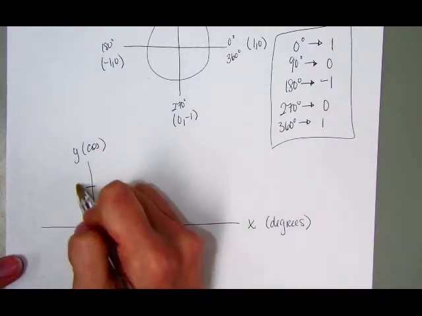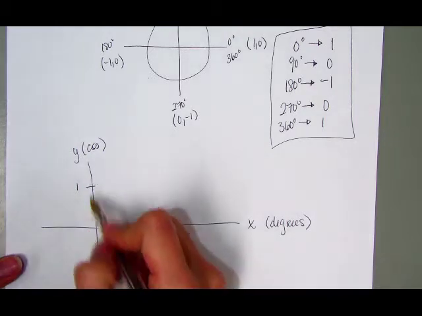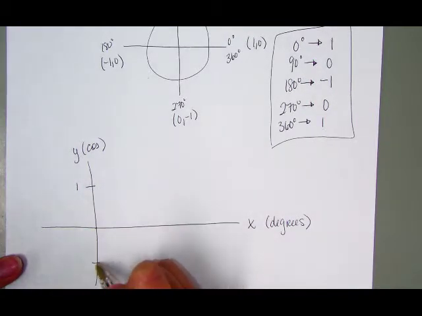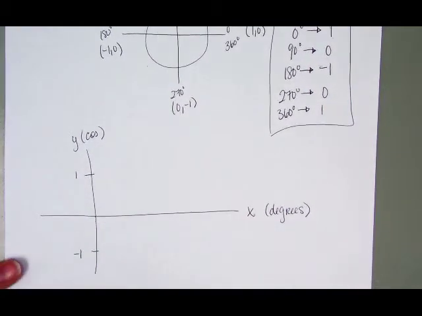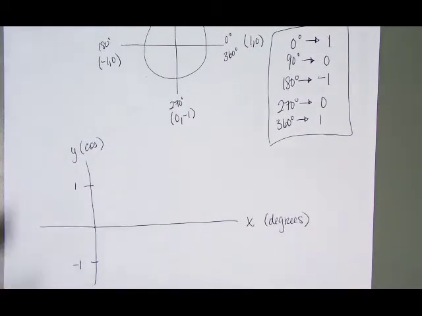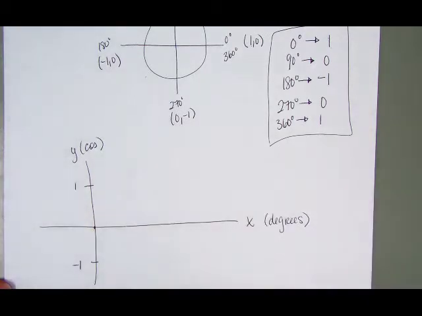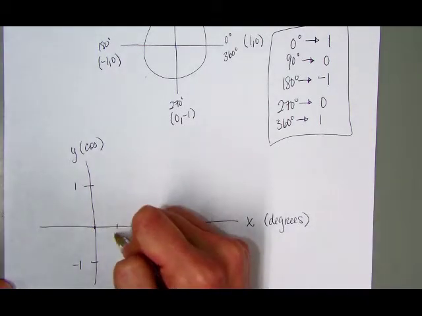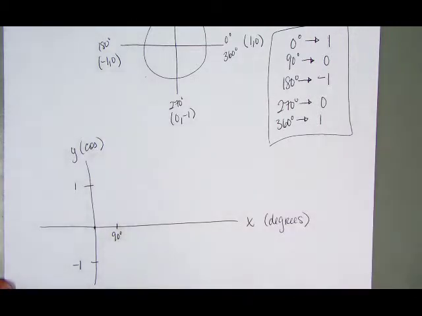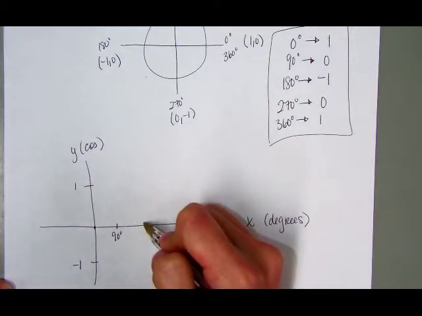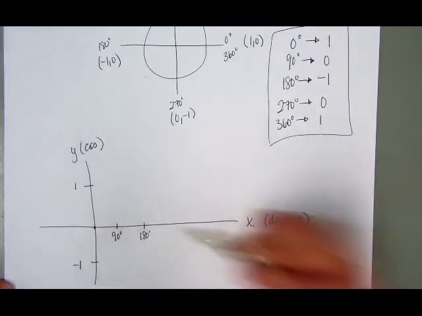So I know 1 is going to be my highest value, equidistant is going to be -1, and I have 5 quadrantal angles. So I'm going to graph those along my x-axis. I've got 0 that starts out at my origin. 90 degrees will be my first quadrantal. Equidistant from that is 180 degrees.